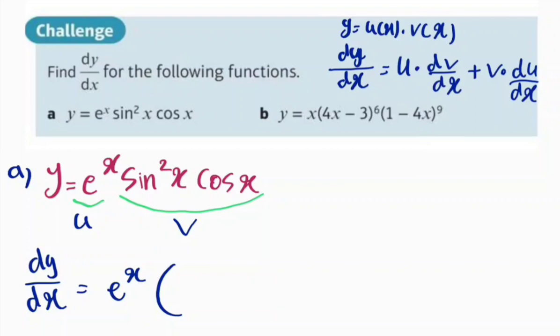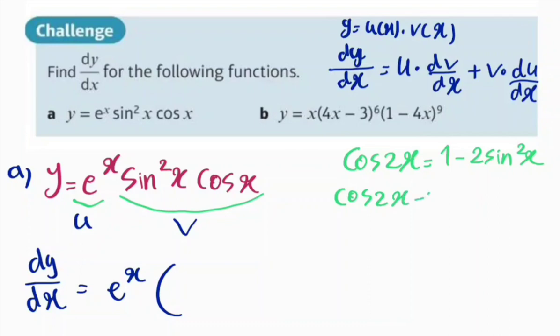At the same time we should consider one thing: how can we differentiate sine squared x? We need to use some of the trigonometric formulae so that they can help us simplify this. We know that one of the double angle formulae for cos 2x is 1 minus 2 sine squared x. There are three of these. Now let's rearrange this.